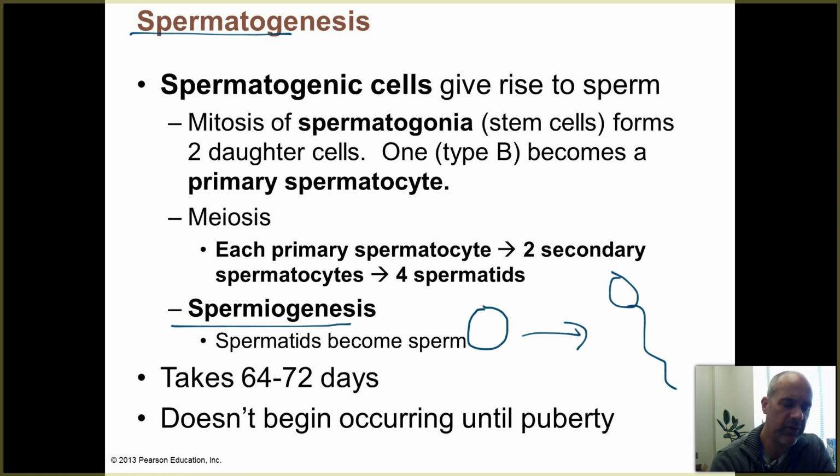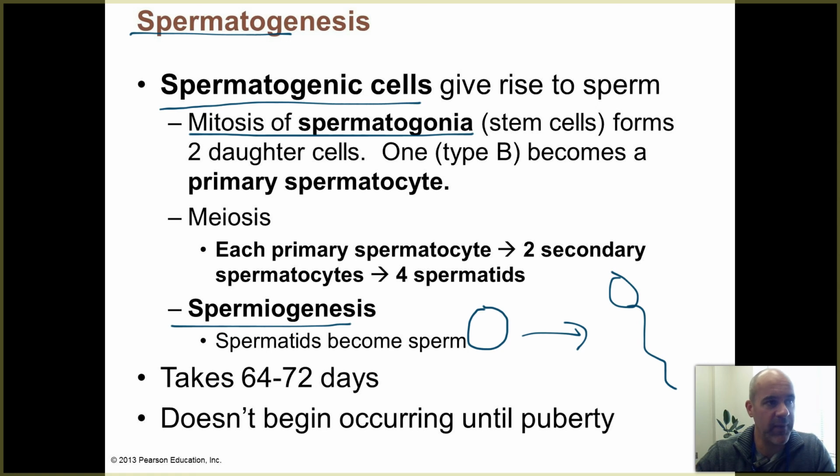All right, so there are multiple steps in spermatogenesis. There are cells called spermatogenic cells, and they are out at the edges of the walls of the seminiferous tubules, and they undergo regular mitosis. You have cells there called spermatogonia that function like stem cells. They haven't specialized into sperm yet, but they provide a source throughout a man's lifetime of cells that can undergo spermatogenesis.